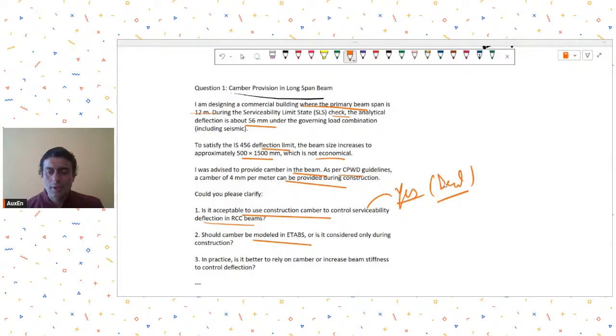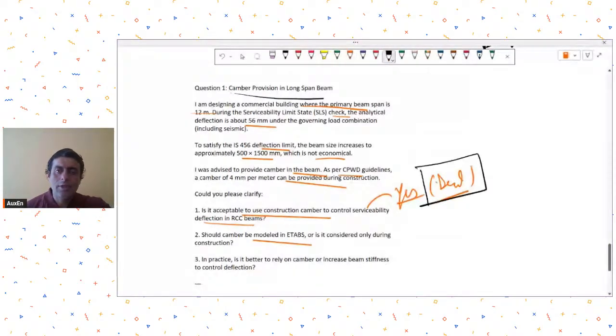So I would not say it may be required to model the camber in your analysis process. And as I told you, as far as I know, you are only allowed to take the camber for the dead load part of the deflection.